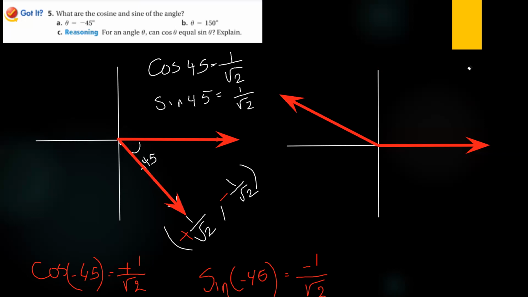This is 90. This is 0, 180, and 270. Now, if this is 150, how many degrees between 150 and 90? You will subtract 150 minus 90 to get 60.